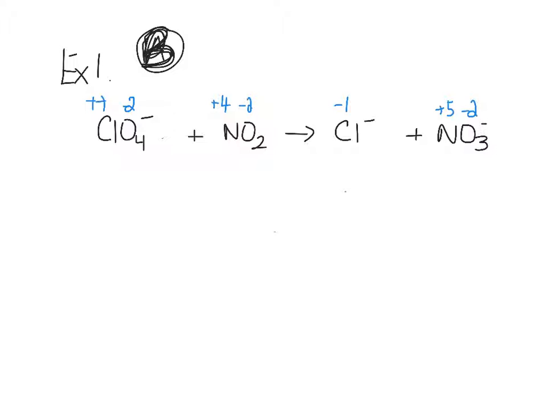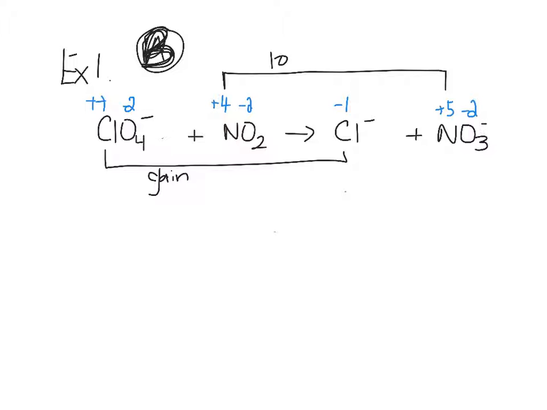So method B uses half-cell reactions. Who is reduced? Who is oxidized? Leo the lion says GER. So who got oxidized? Deirdre? N in NO2.